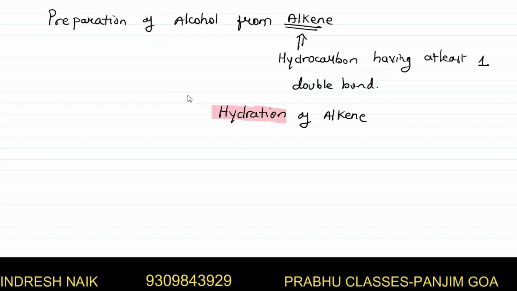Hydration is addition of water. So hydration of the alkene means addition of water to the alkene. And it is an addition reaction, which means the double bond will be converted to a single bond. This comes under the category of addition reaction.